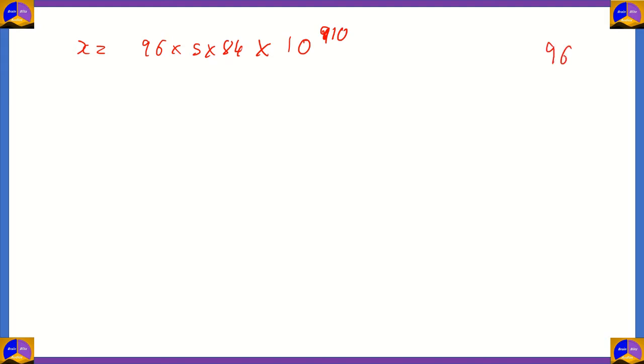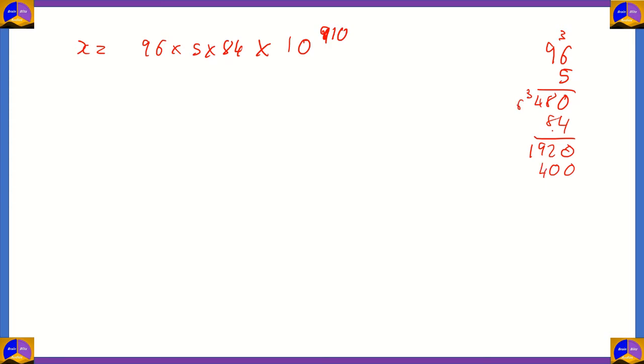So 96 times 5. 6 times 5 gives you 30. 9 times 5 is 45. 45 plus 3 is 48. 480 times 84. 0 times 4 is 0. 8 times 4 is 32. 4 times 4 is 16. 16 plus 3 is 19. 0 times 8 is 0. 8 times 8 is 64.